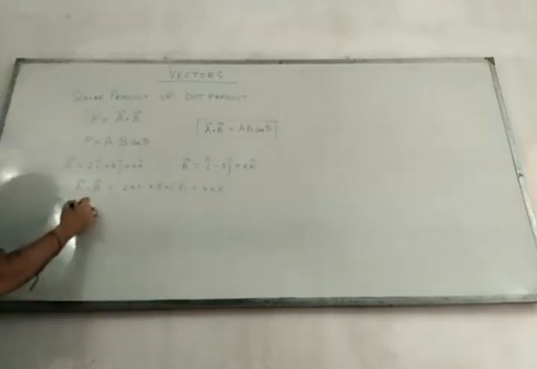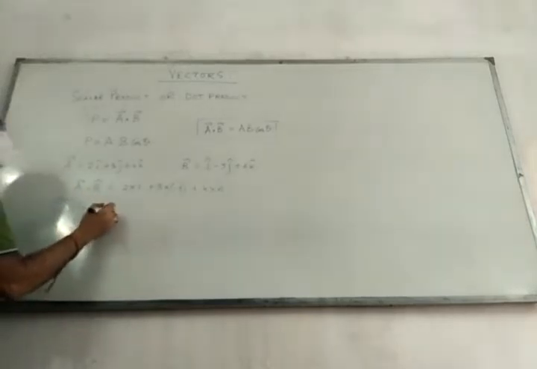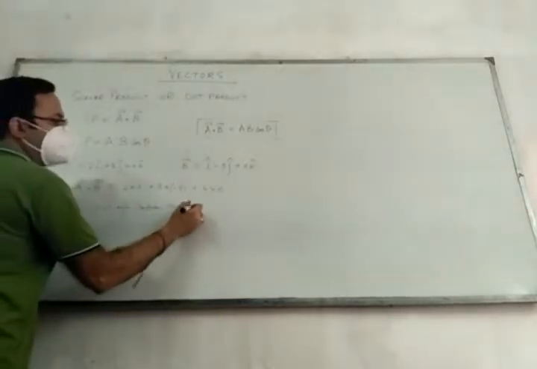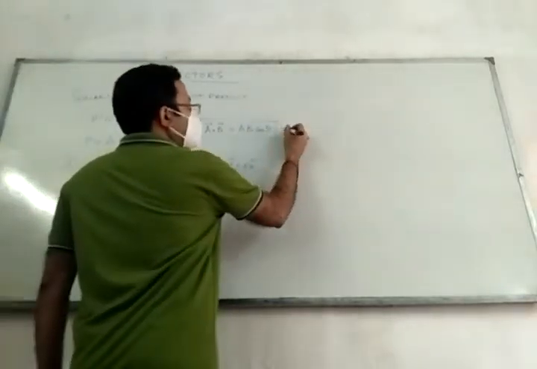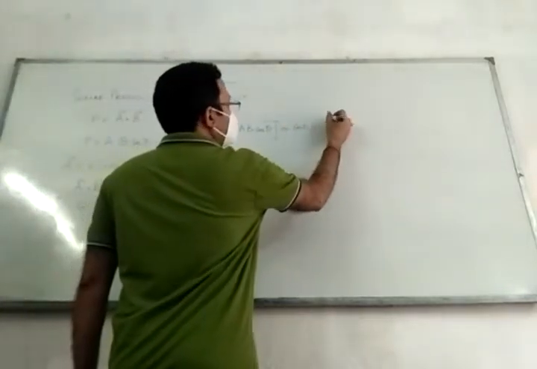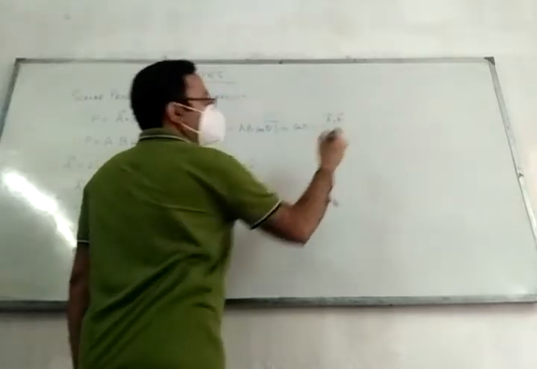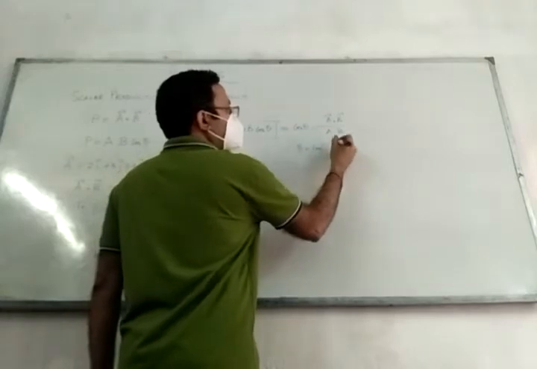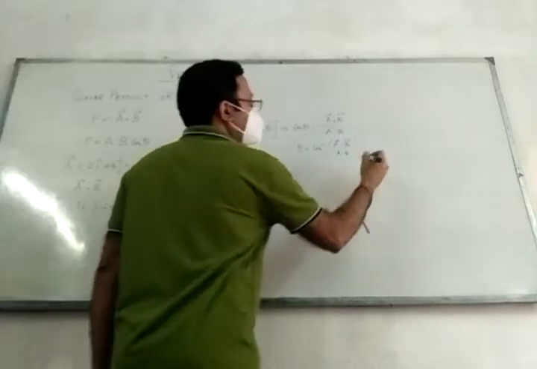To find the angle between two vectors, we can say cos theta equals A dot B by AB. AB means magnitude of A into magnitude of B. So therefore, theta equals cos inverse of A dot B by AB.